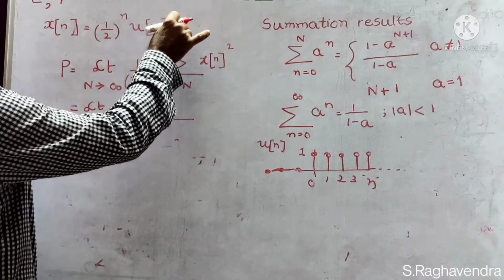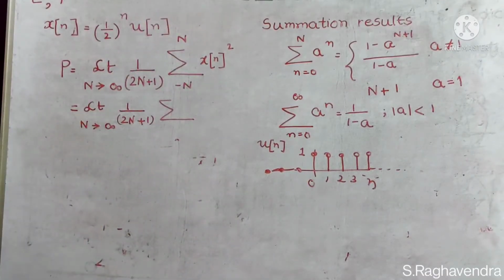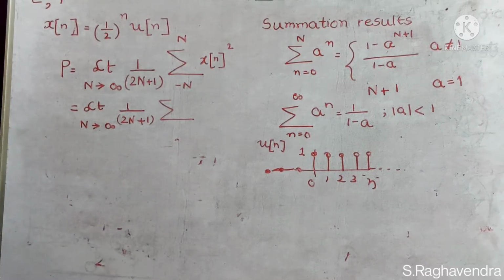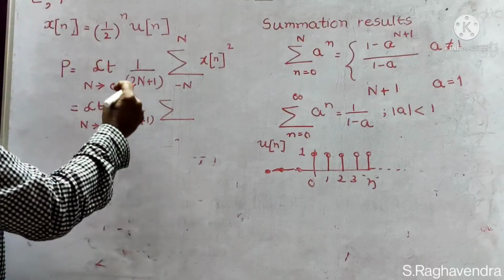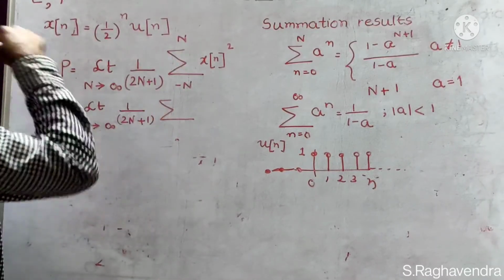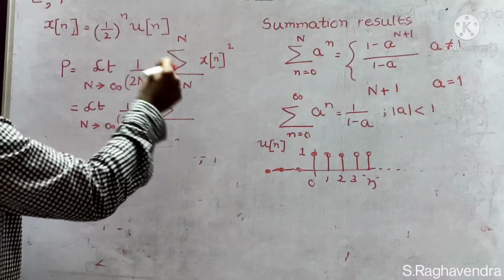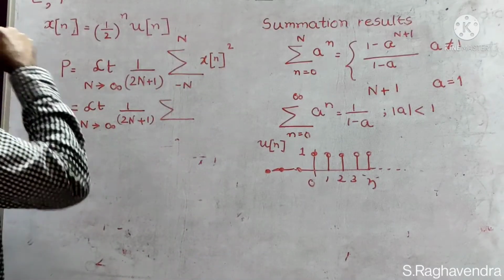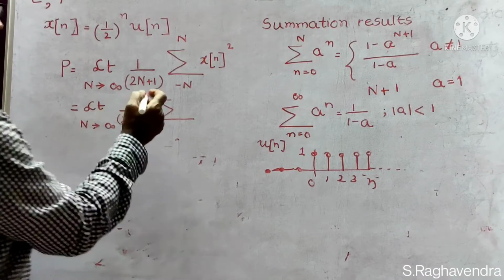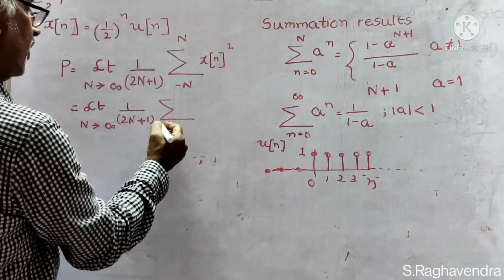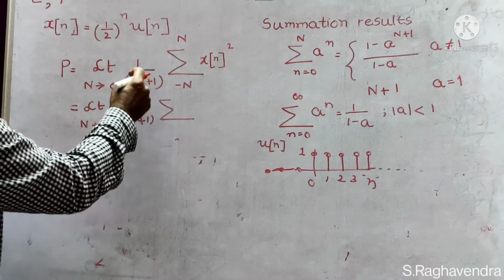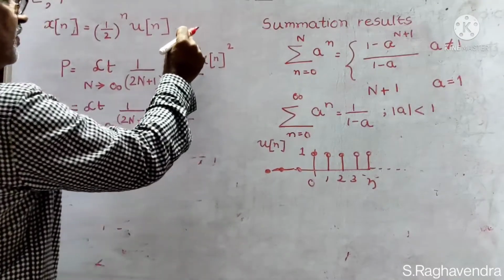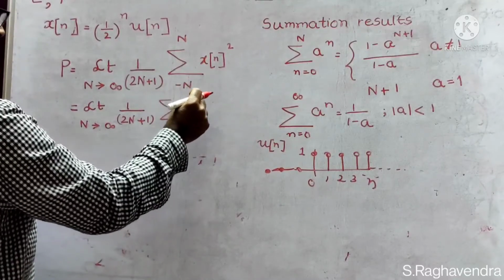Take some value for n. Now minus n to n of x of n whole square. We get 1 over 2n plus 1, and summation from minus n to n of x of n whole square.